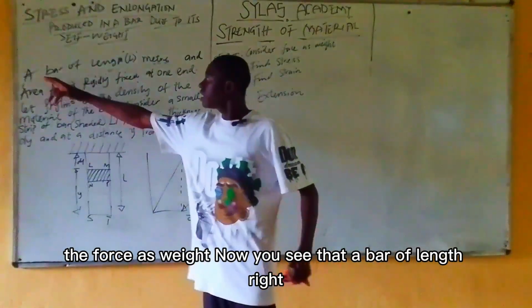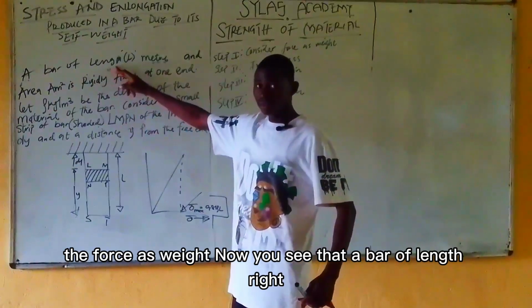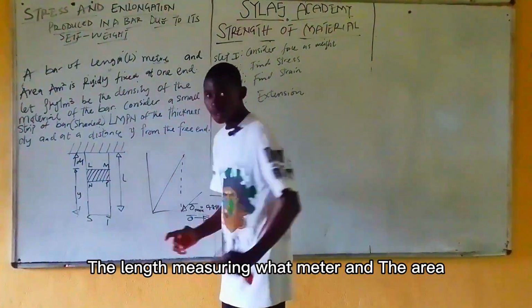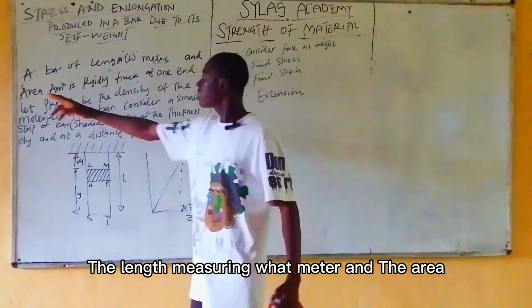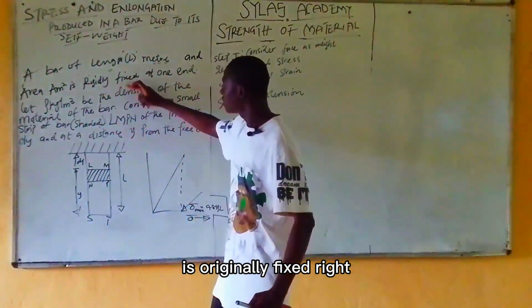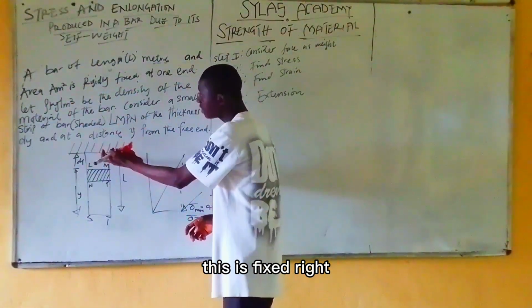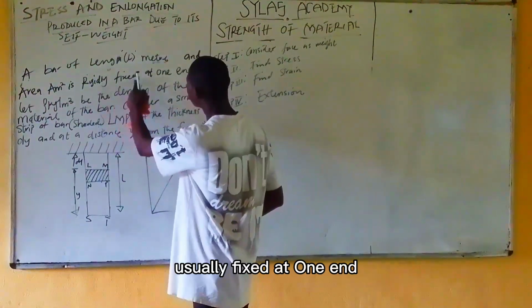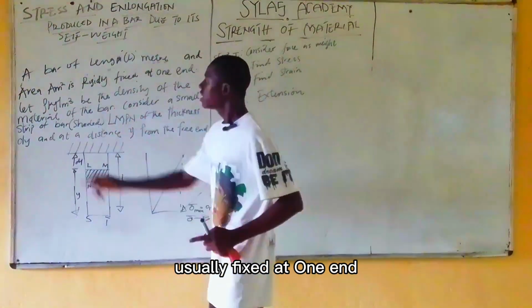Now they say that a bar of length, measured in meters, is rigidly fixed at one end.